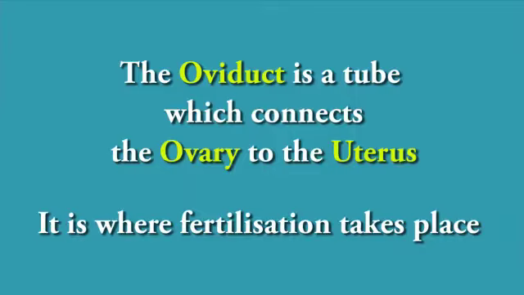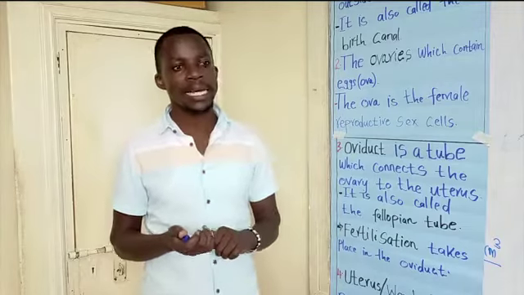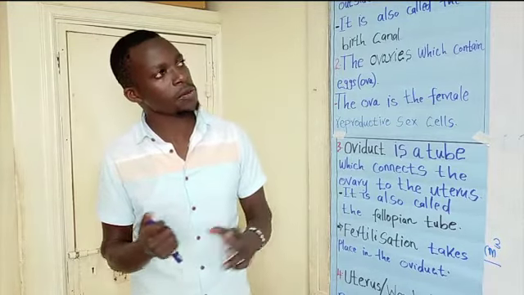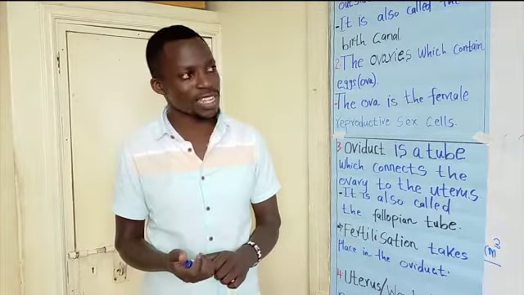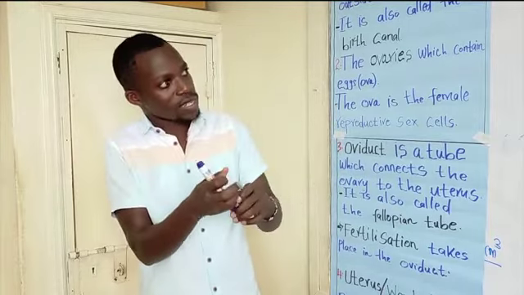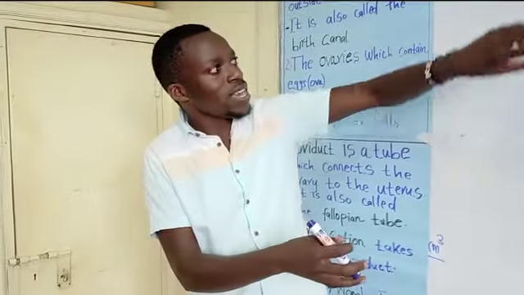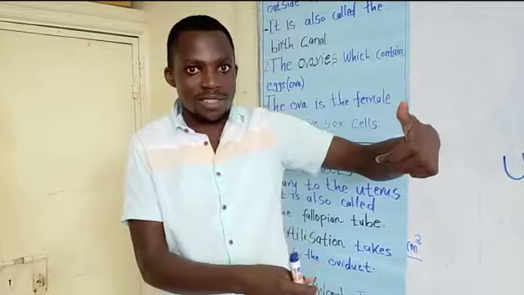When I talk of fertilization, I mean the fusion of the male and female reproductive sex cells. When they meet here in the oviduct, we say that fertilization has taken place, meaning that the ova will be fertilized.